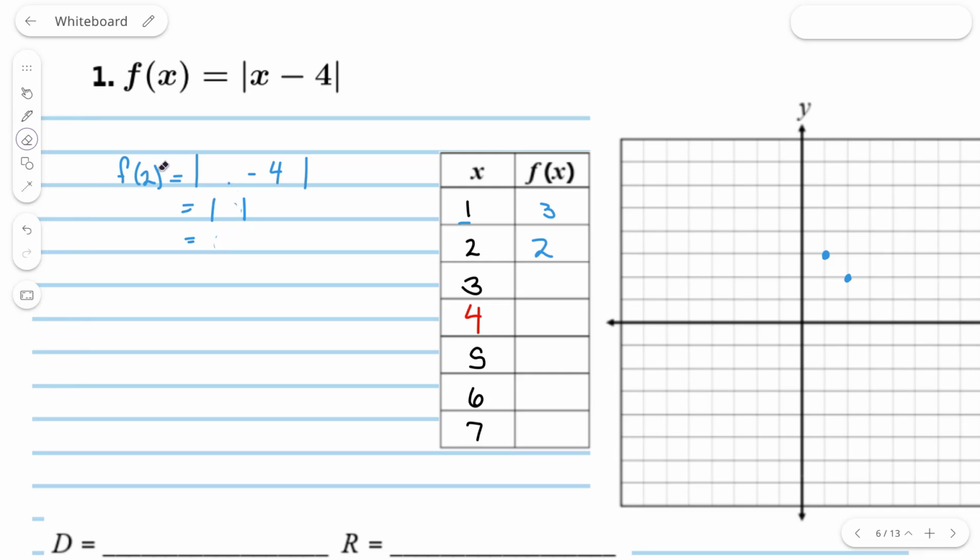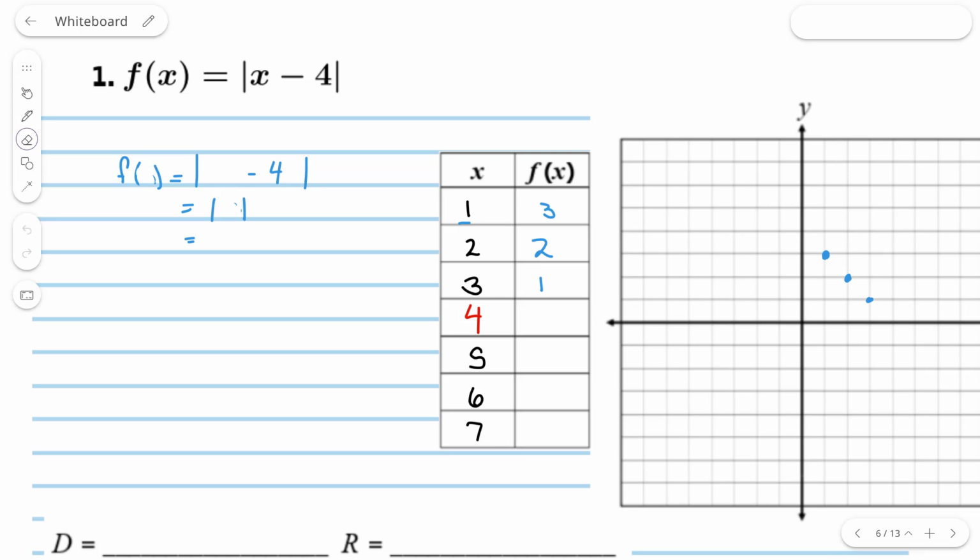And so the next number I want to check out is 3. 3 minus 4 is negative 1. The absolute value of negative 1 is 1. So at 3, 1.